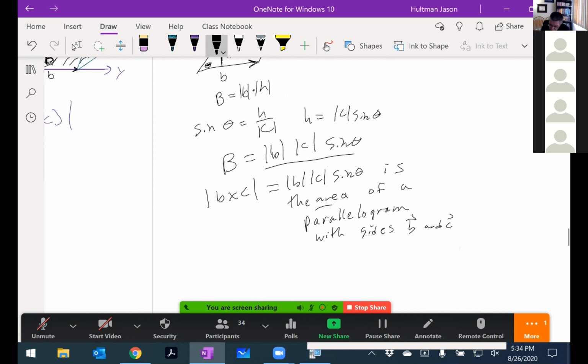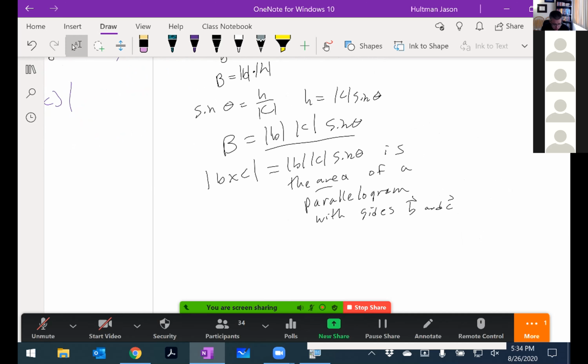So what would be the area of a triangle? If I had vector B and C, how could I find the area of the triangle created by those two vectors? Wouldn't that just be half the area of the parallelogram?